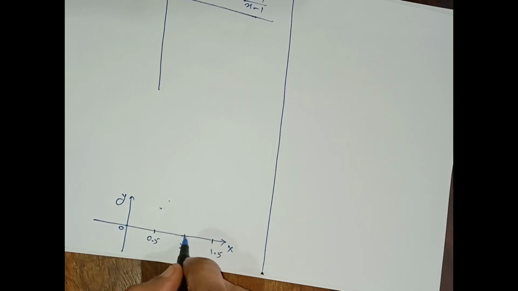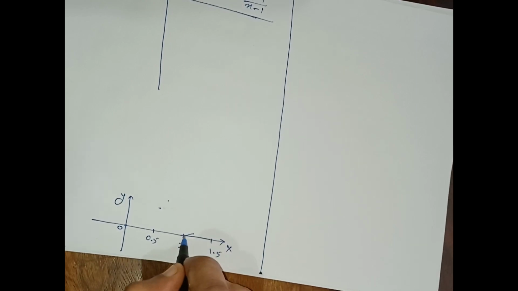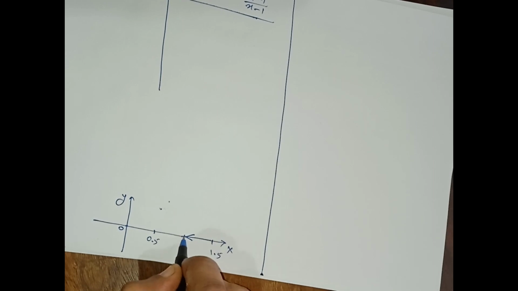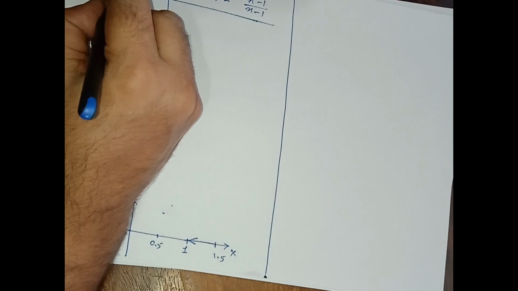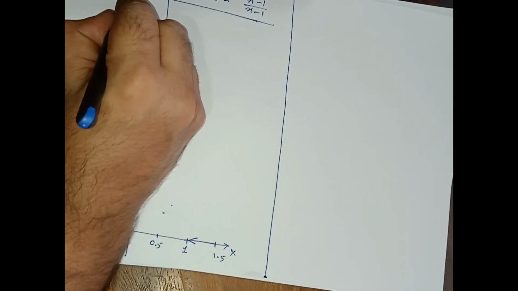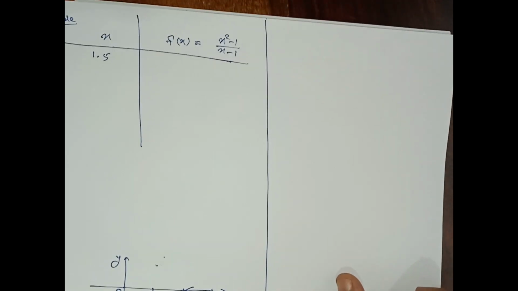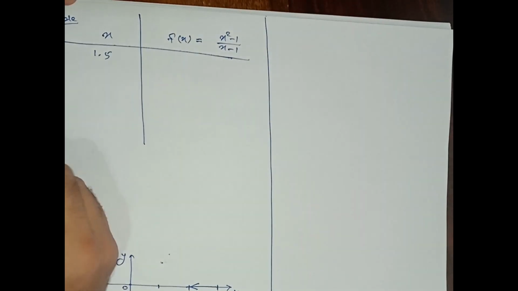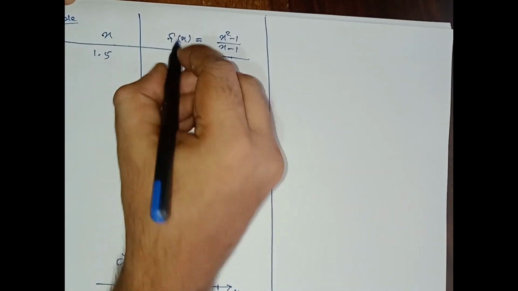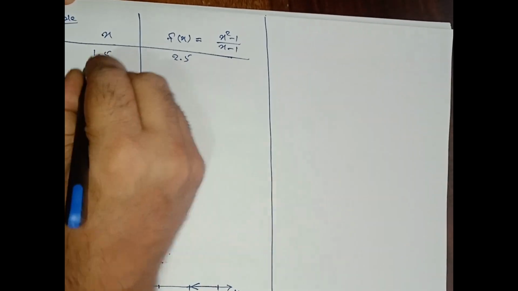Now we are going from right, closer and closer to 1 from right. At first we substitute x equal to 1.5. When you substitute x equal to 1.5 in the given function, you will get 2.5.